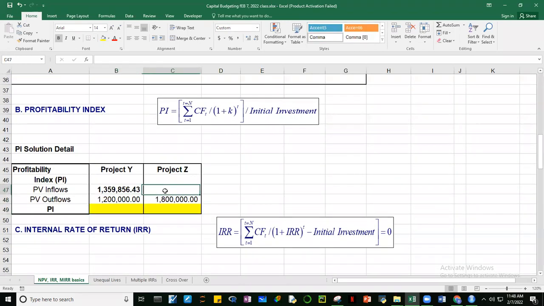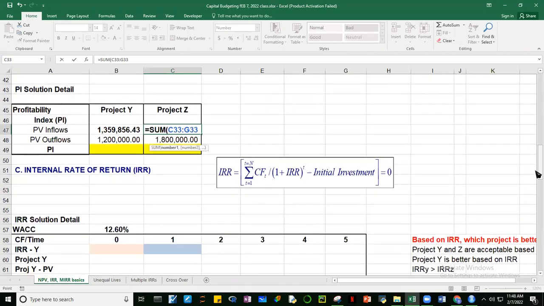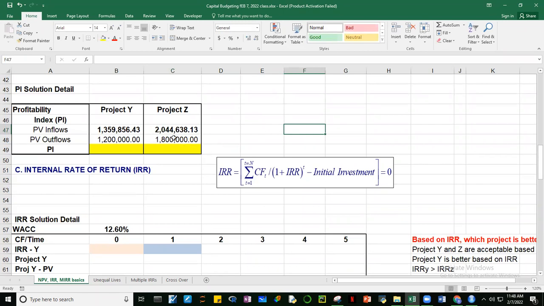While on the other hand, for project Z, okay, we sum up all this one, the present values of your cash flows. And then yung initial investment natin is 1.8, no? A present value din yan, remember, ha? So the index is, just divide.